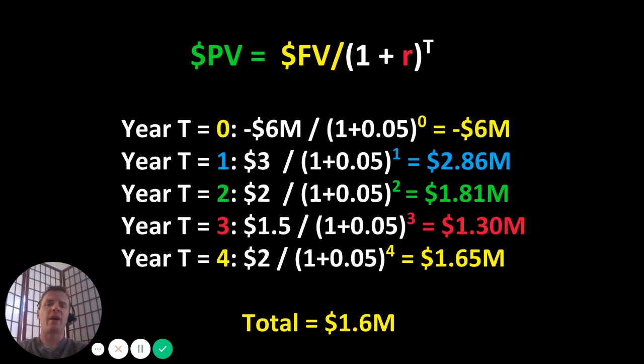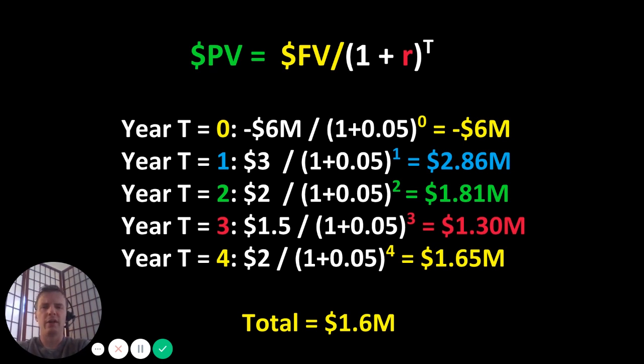So what we really have in year 0 is minus $6 million divided by 1, and that just gives us minus $6 million. That makes sense, right? The present value of minus $6 million today is just minus $6 million. So the first line is pretty easy to do.